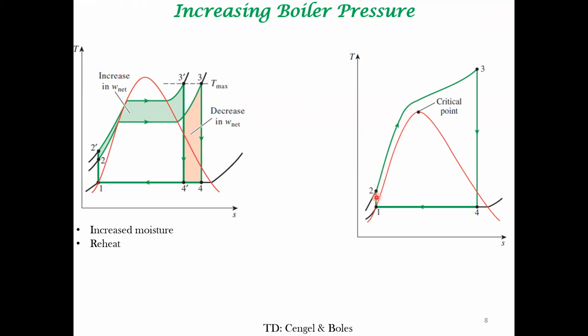So you don't go through a two-phase dome and you operate at higher pressure, even above the critical point. These operate in supercritical condition, but the associated higher pressures have other issues related to the process equipment and so on. There are safety issues that you have to deal with.